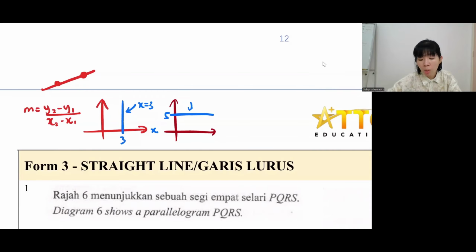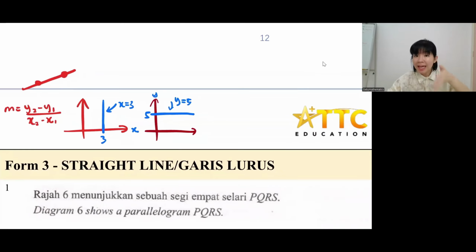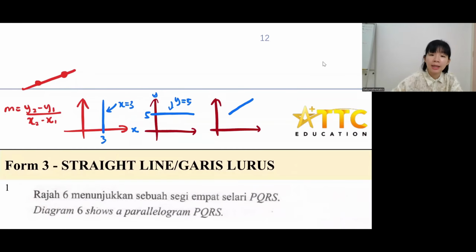This is called y, because it touches the y-axis. So y equals 5. If it's a vertical line, x. If it's a horizontal line, y. Then when the line is a slanted line, the equation is always y equals mx plus c.